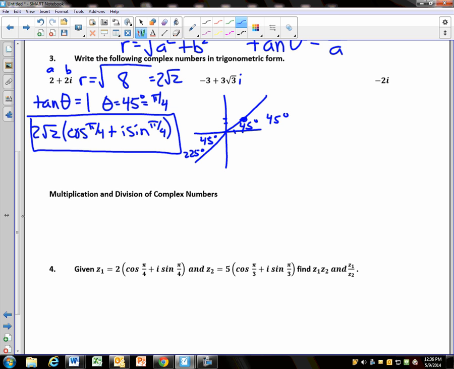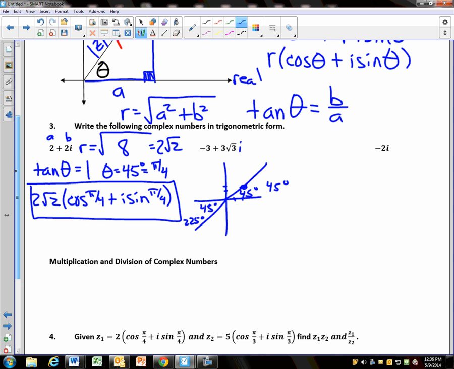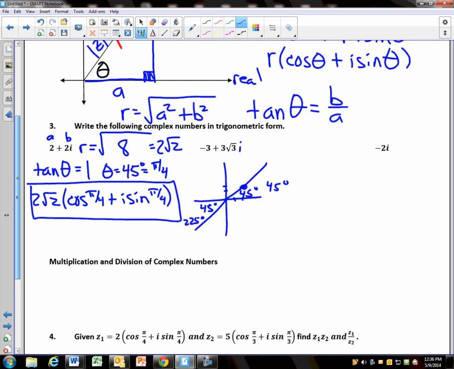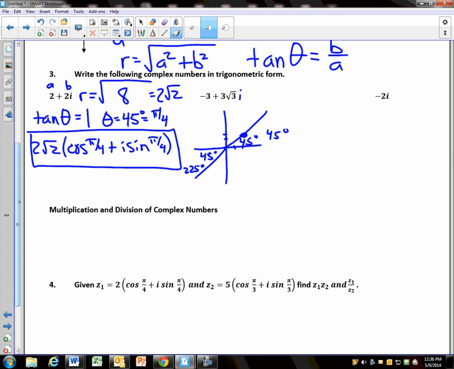So it would be in the first quadrant. So therefore we know it's 45. Then we convert it to radians. The r value is 2 roots of 2, so I take this piece right here. This is my form. So 2 roots of 2, and then I just plug in pi over 4 for theta. Better? Okay. All right, we do the next one.